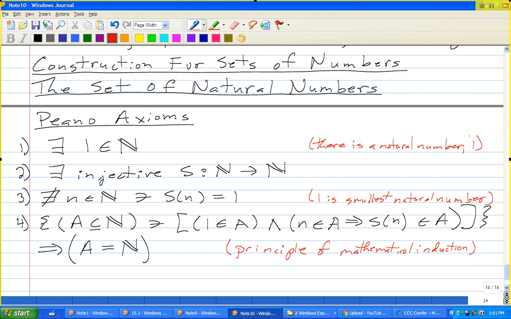And then every natural number has a successor, a next consecutive natural number. So it has the next number, and we call this the successor.